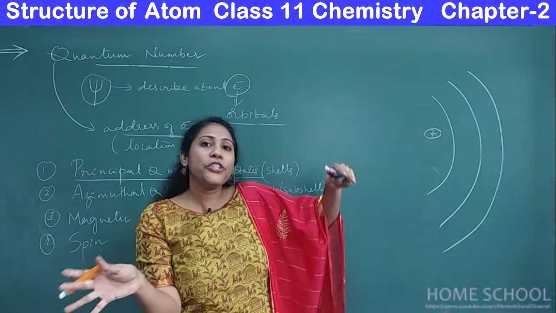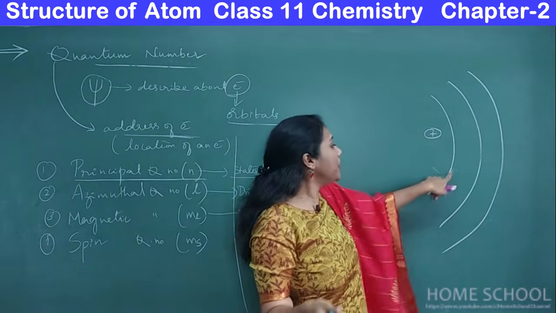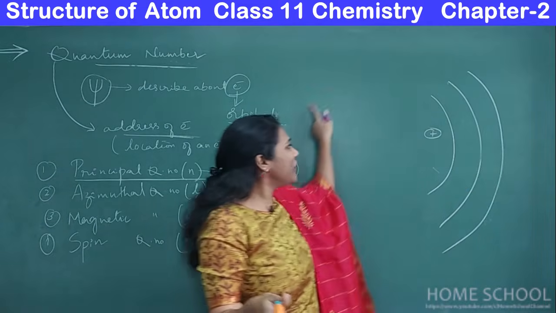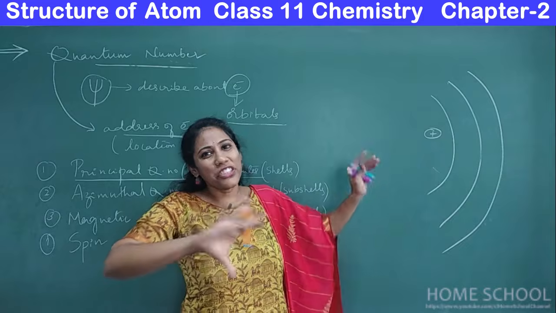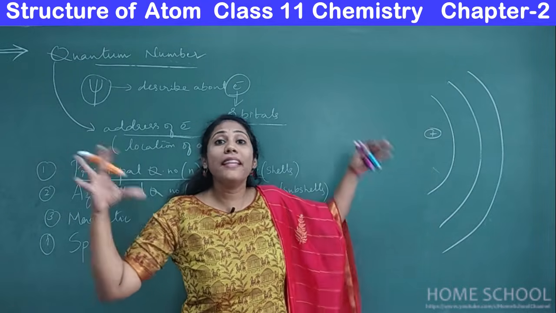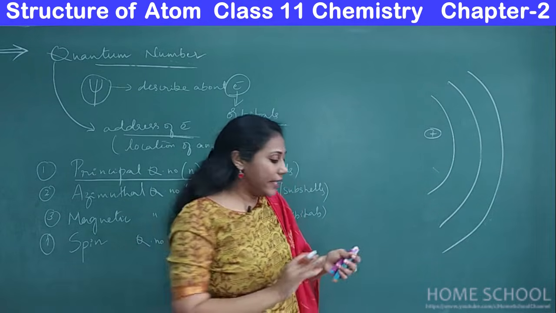Just to understand the concept in a simple way, we draw the shells like this, but actually they are not circular definite boundaries. They are just regions, big regions in the entire space around the nucleus.